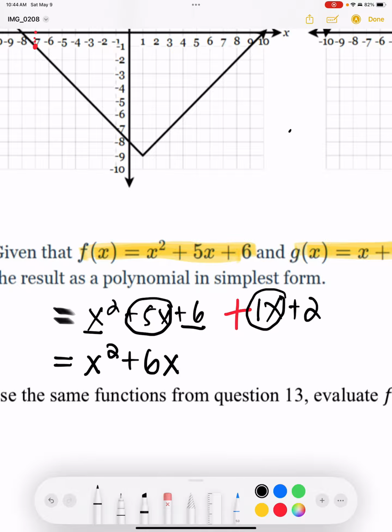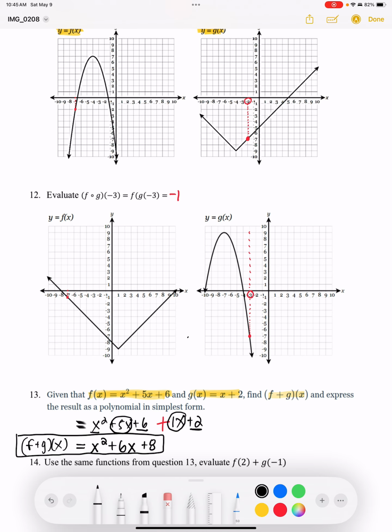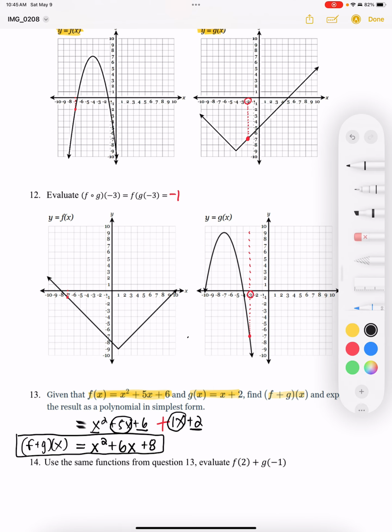It doesn't have a variable next to it. It doesn't have an x. So it can only add with another constant, with 2. 6 plus 2, that's 8. And this would be my final answer. It's not a number, it's f plus g of x. This is what you get when you add the two functions together. All it did was add the x's and the constants.